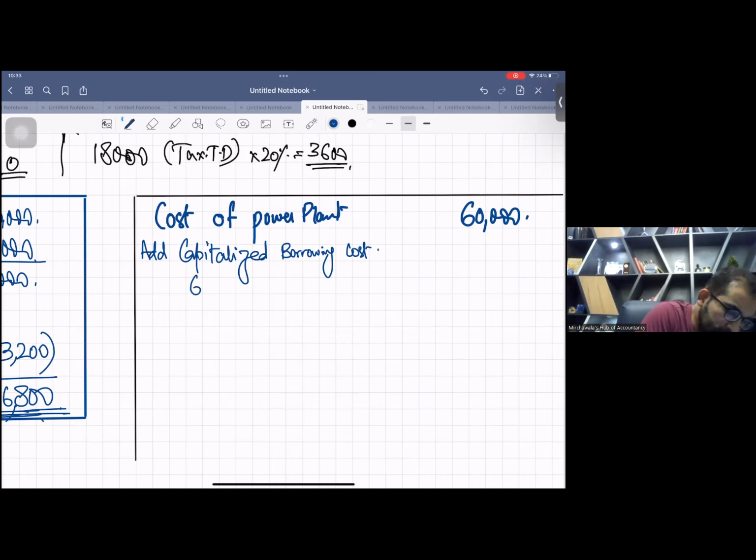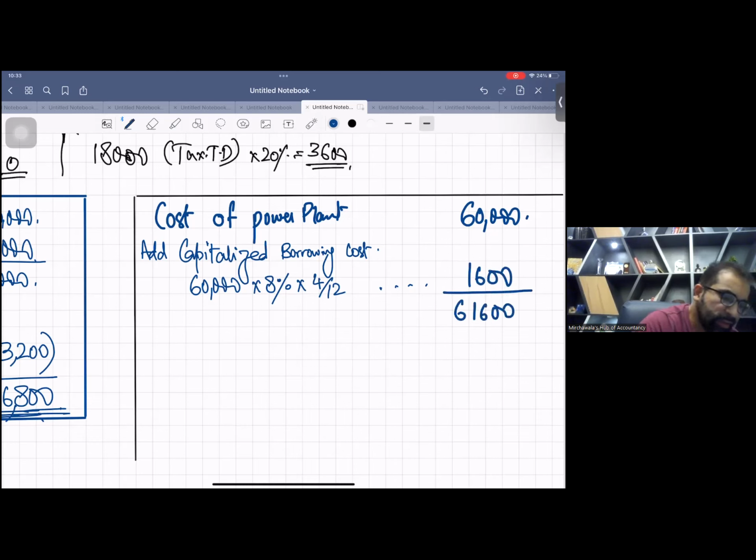So the loan was 60,000 times 8% times 4 upon 12. It's 1600. So the correct amount of the asset is 61,600.